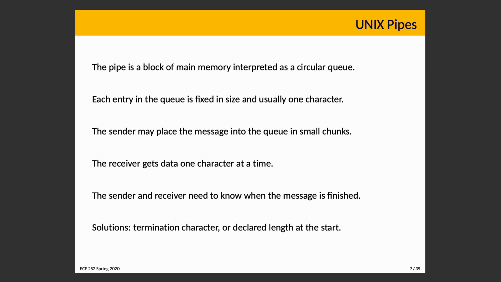And as with some of the other communication mechanisms that we've talked about, the sender and the receiver need to know what is the length of the message. And again, just like we talked about with the network, you have some choices. One is you can have a declared length at the start, in which the sender says, I'm going to send you a message, and that message is 288 characters long. Yes, great.